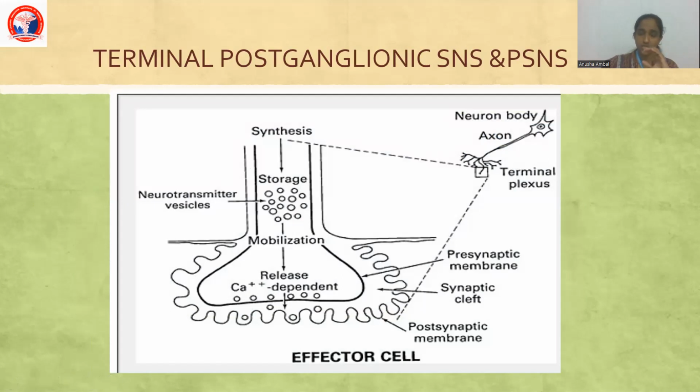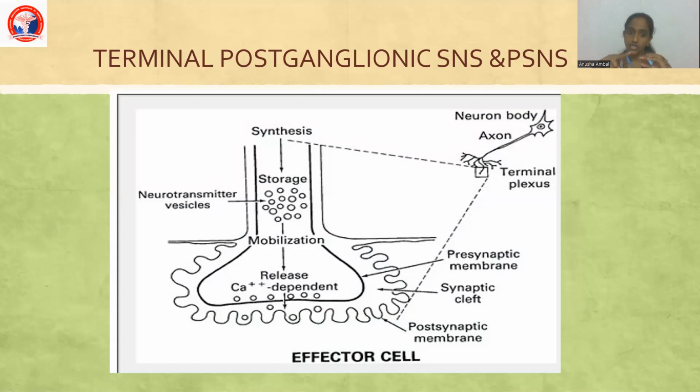The synthesis would have taken place already. There will be abundant storage in vesicles. So when the stimulus comes, these vesicles are just released into the synaptic cleft. It's not that only then the synthesis will start. It never occurs like that. The stored products are already there.